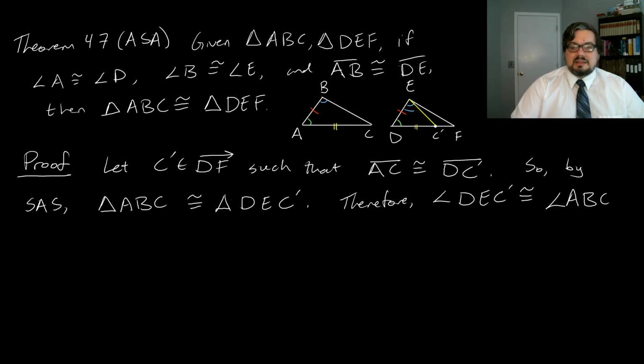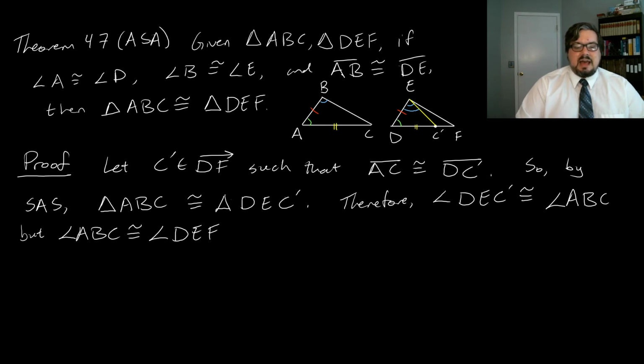So that means that the angle DEC prime has to be congruent to the angle ABC, but angle ABC is also congruent to the angle DEF, and now we start to see where we're going to be able to find our contradiction. So, or not contradiction, but get to our conclusion.